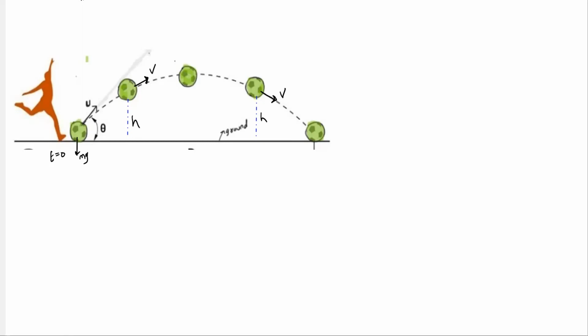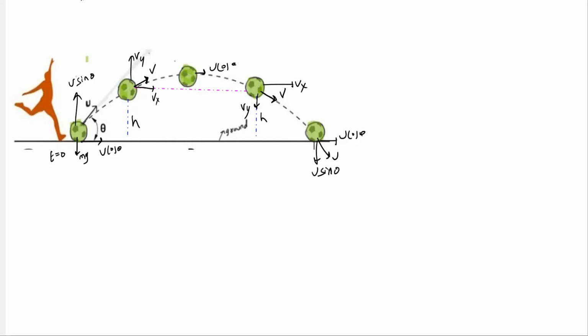Let's go for other things. Here, u cos theta, u sin theta, Vx, u cos theta, Vx, this will be Vy, u cos theta, u sin theta.